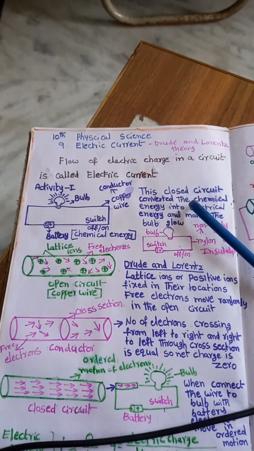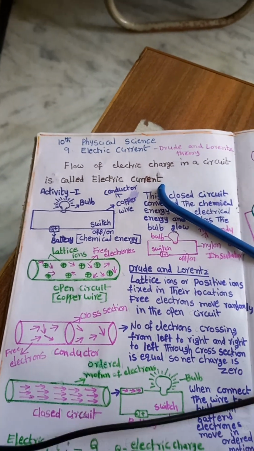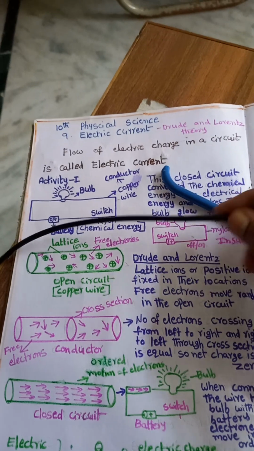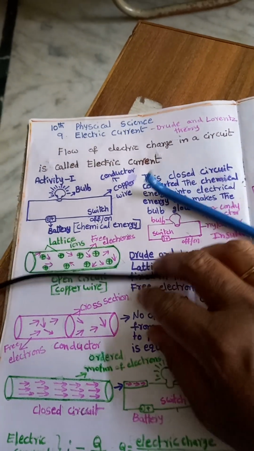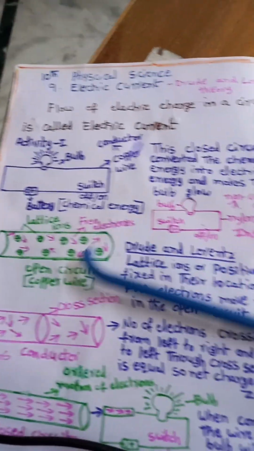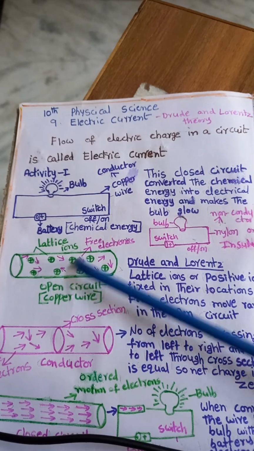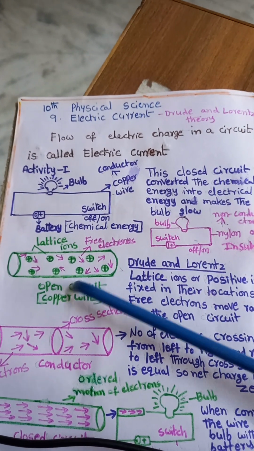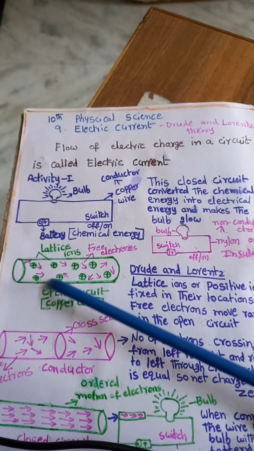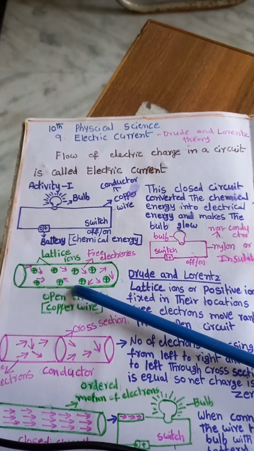Next, when we take a piece of wire, here in the diagram we can see the piece of the wire. So this is called open circuit.